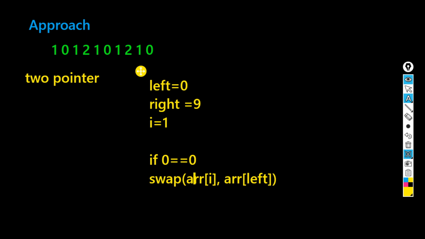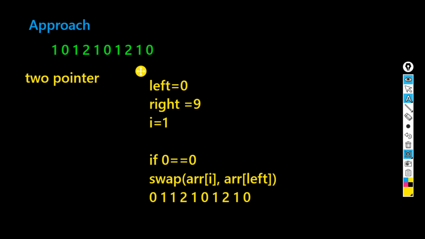Now it will swap arrays 1 index and arrays 0 index. So after swapping, what will be the array? Array will be 0 1 1 2 1 0 1 2 1 and then 0. So this is the case after first swapping.